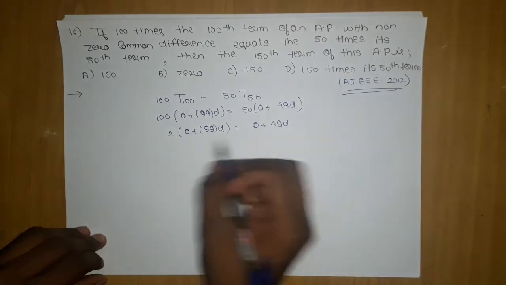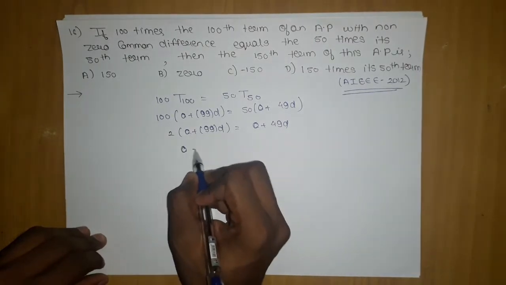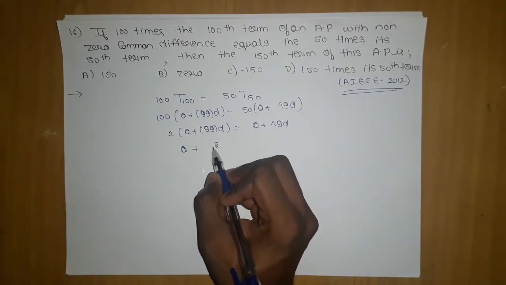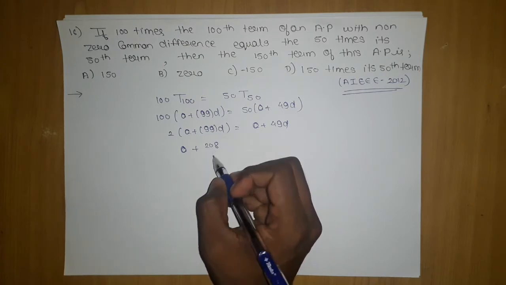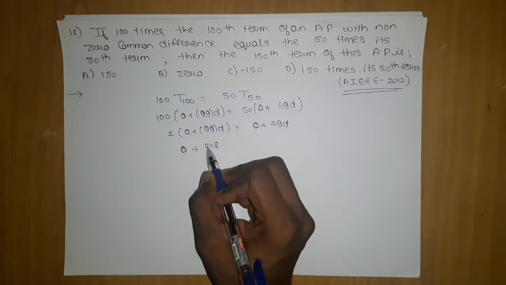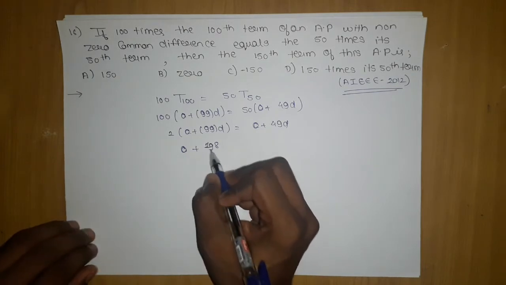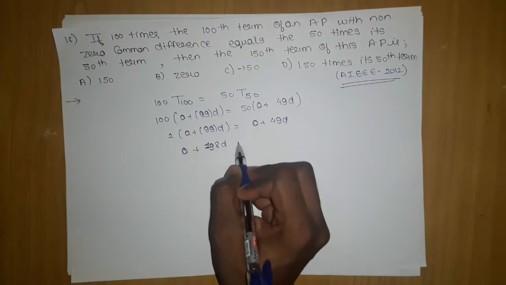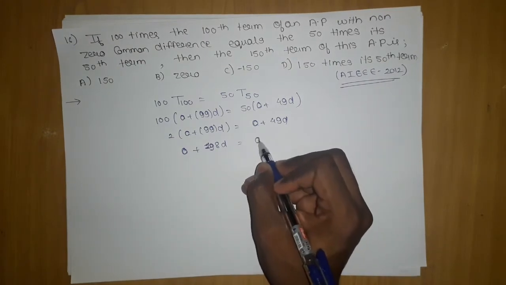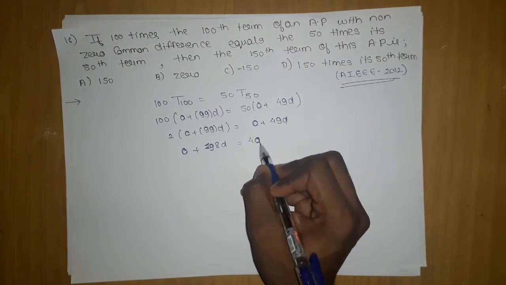Now the moment we move this here, it will be A plus 198D should be equal to A plus 49D.